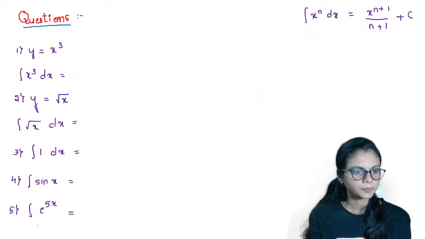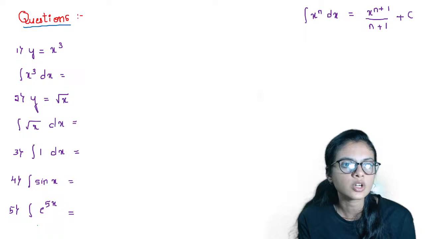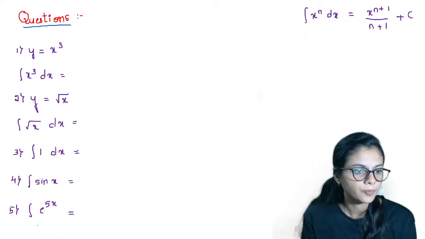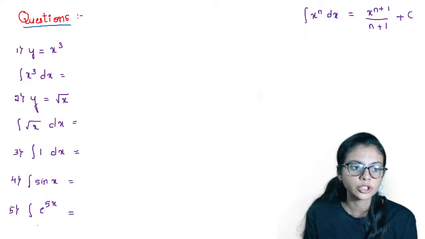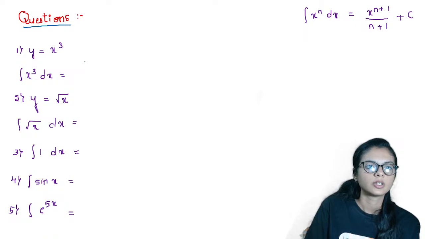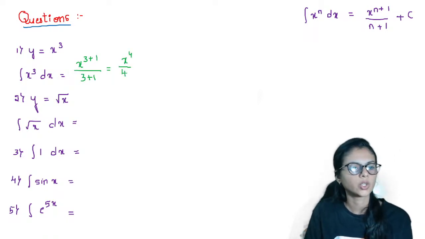Can anyone? So yes, first one is x power 4 divided by 4. Exactly. Good, good, good. Rupam, good. That's the right answer. x power 4 because it is x power 3 plus 1. Very easy, right? x power 4 by 4. Good, exactly.